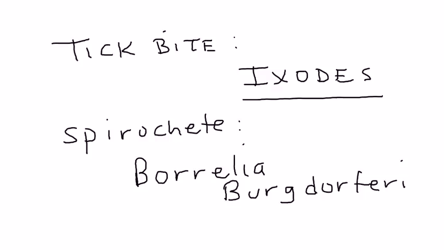So don't get confused. The tick's name is the Ixodes tick, and the spirochete, which is the organism that the tick essentially introduces into your body, is called Borrelia burgdorferi. Then it involves the skin, because that's where the tick bite occurs.